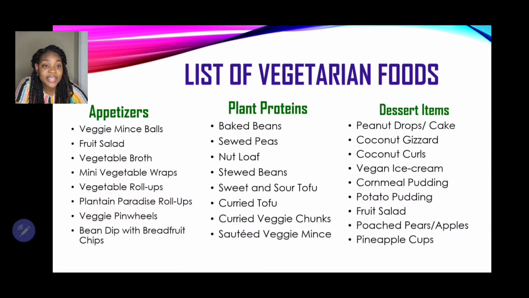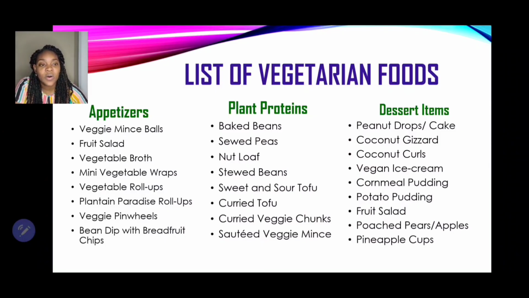For the dessert items, we can have peanut drops, or we may say peanut cake, coconut gizzards, coconut curls, vegan ice cream, cornmeal pudding, potato pudding. If an ingredient list asks for butter, you know that we can substitute with what? If you said margarine, you're correct, because remember that margarine is made from plants.